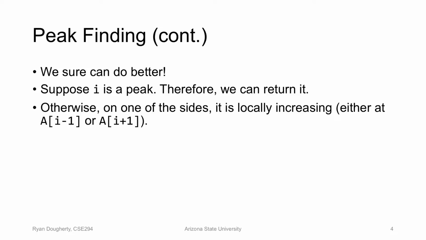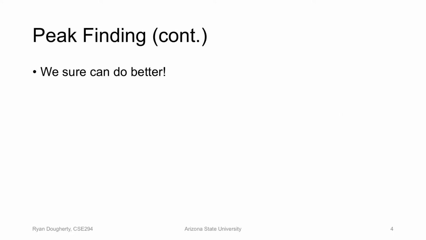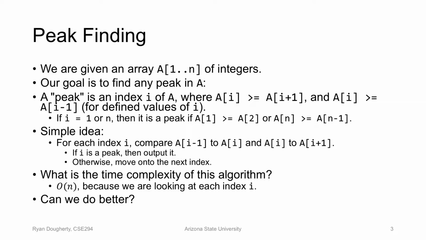Then that means it's not greater than or equal to both its neighbors. So that means there's one neighbor that's strictly larger. The definition of peak says that you need to be at least as large as both of your neighbors.